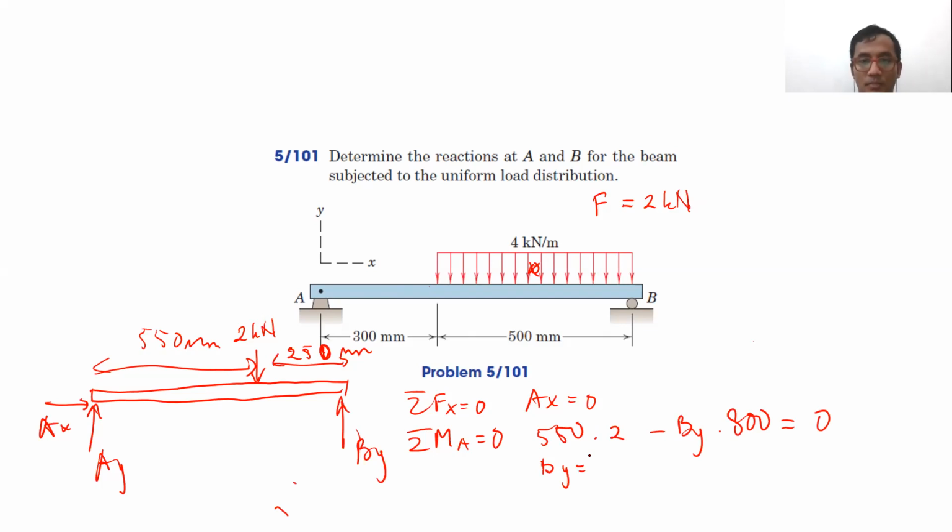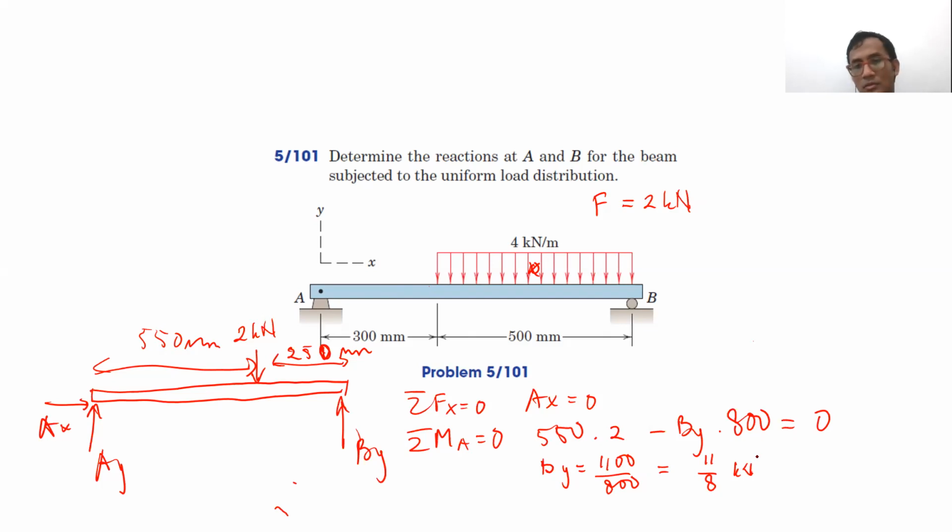Py here will be 1100 divided by 800 kilonewton.